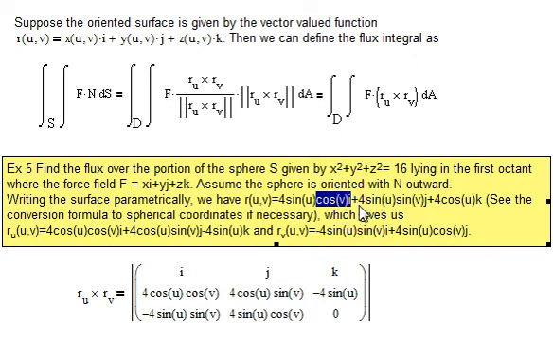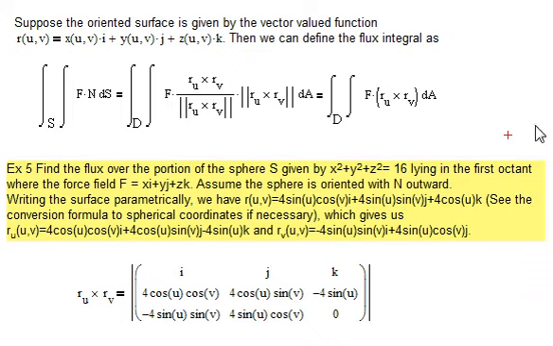Then y is r sine theta, but r is 4 sine u, plus 4 cosine u times k. So if you need a reminder, go back to see how you convert from rectangular to spherical coordinates.